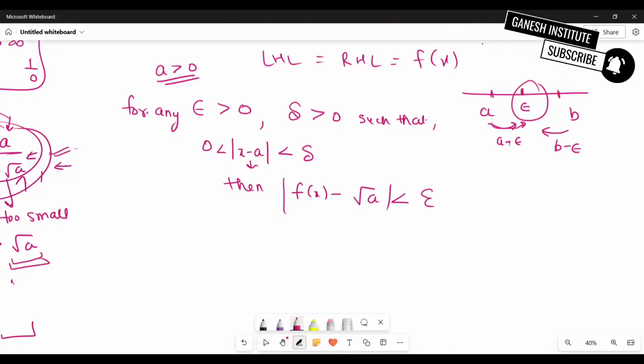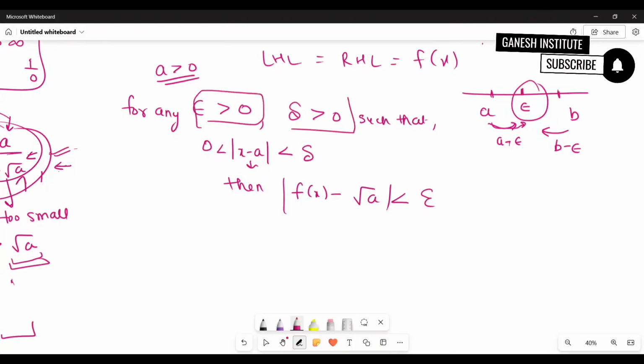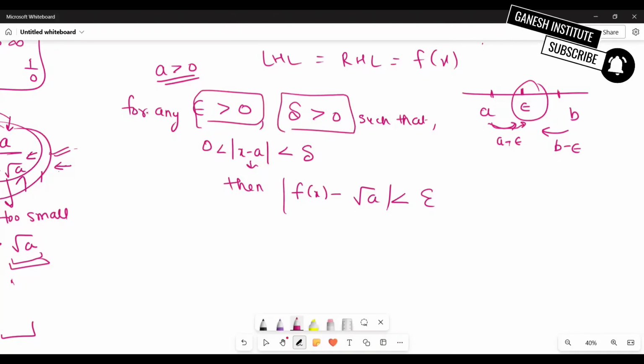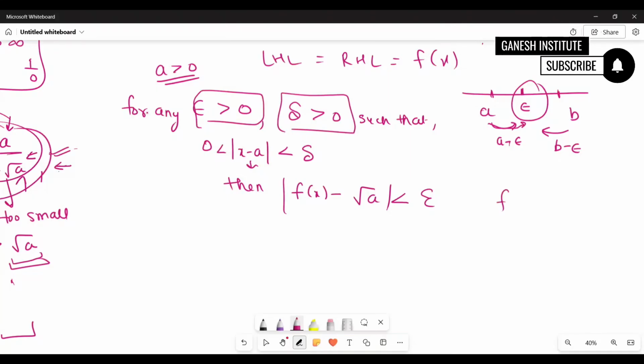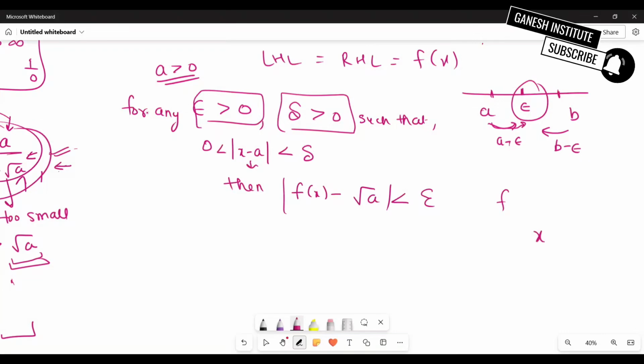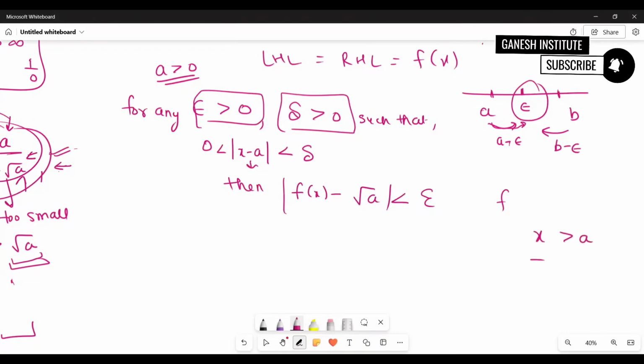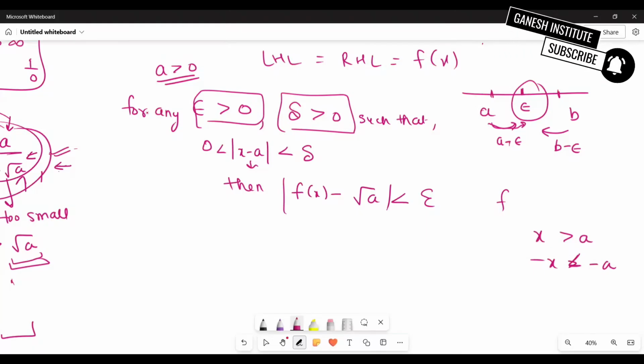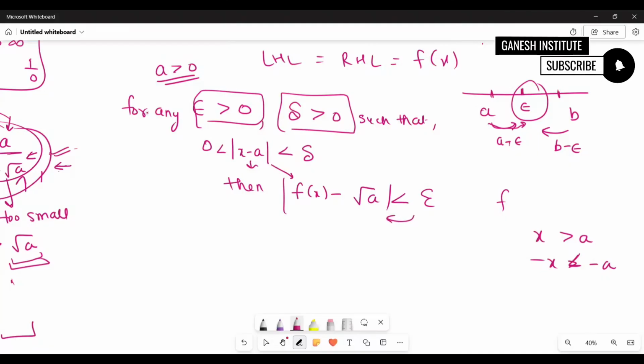So if you are considering more than 0 values, and you know that if you change the sign of the values, you multiply them with negatives, then the sign of inequality changes, right? So if you have f(x) minus root a, then this has to be lesser than epsilon.